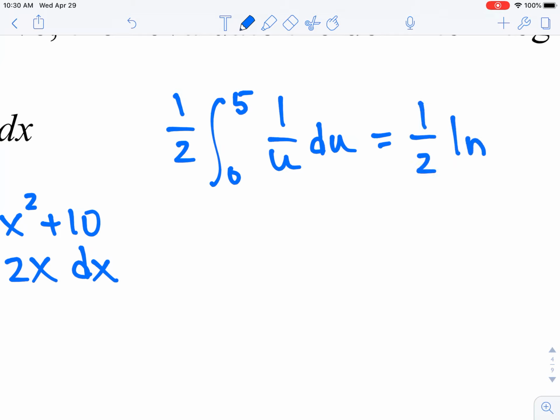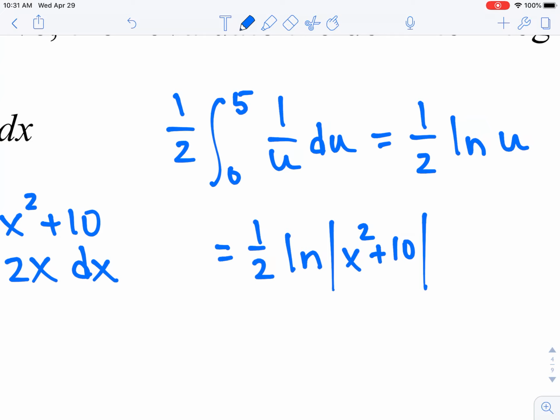So this would be 1/2 natural log of u. Substituting in what I let u equal, which was x squared plus 10, and now I evaluate that from 0 to 5.